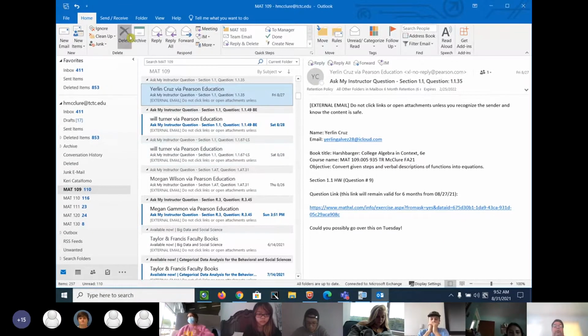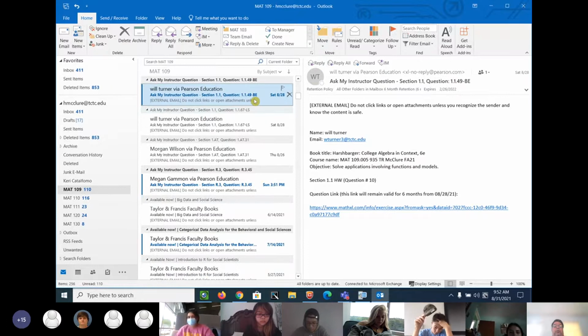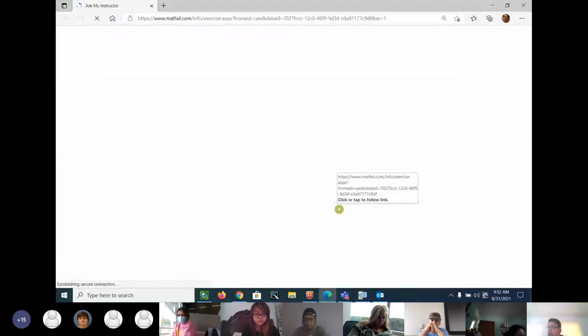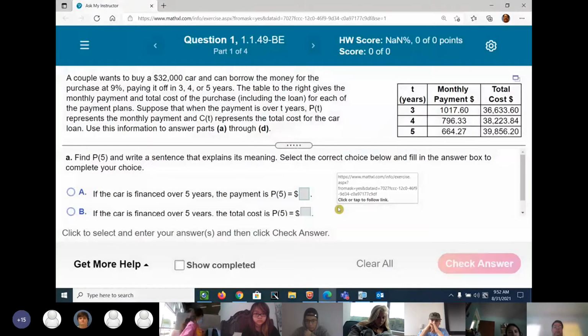Oh my Lord, what is all this? A couple wants to buy a $32,000 car and can borrow the money for the purchase at 9%, paying it off in 3, 4, or 5 years.